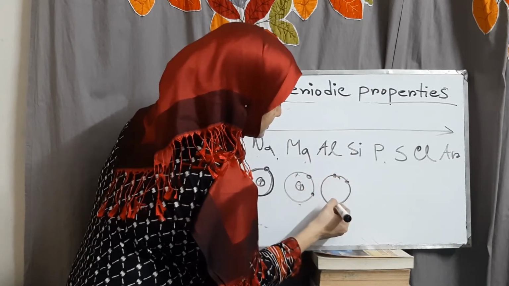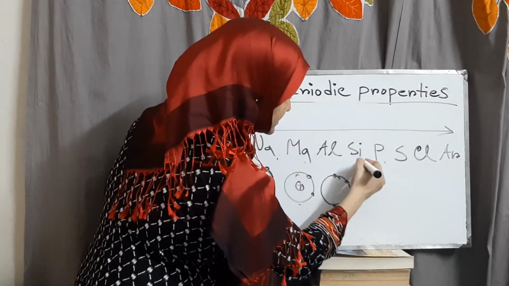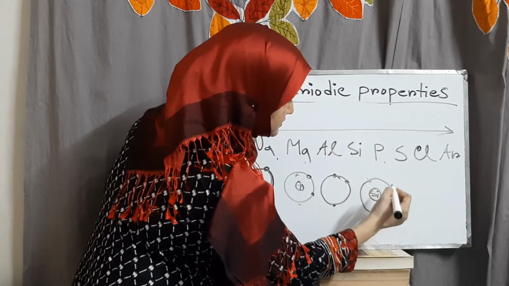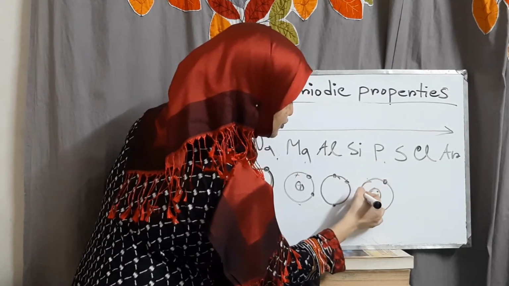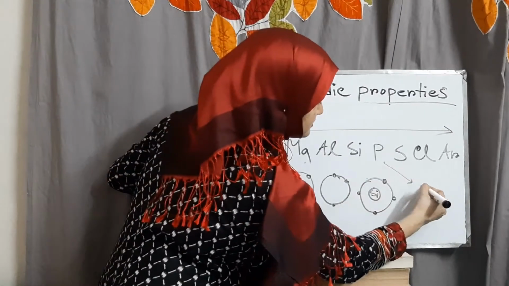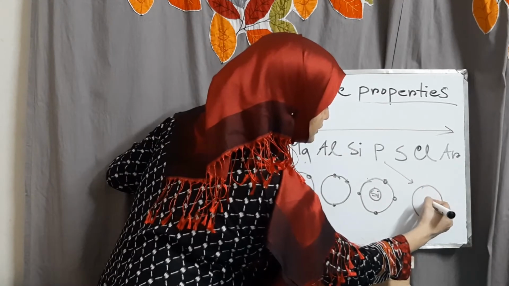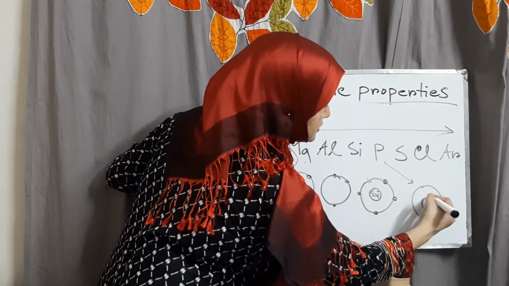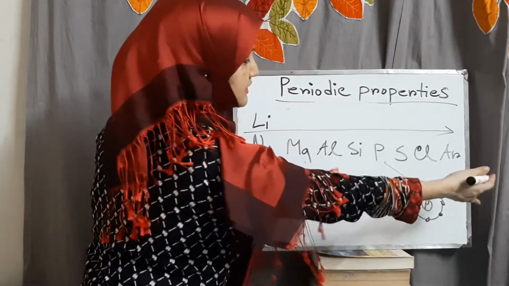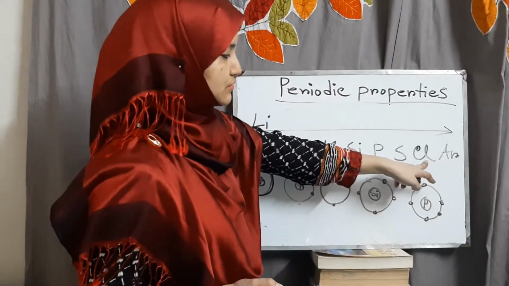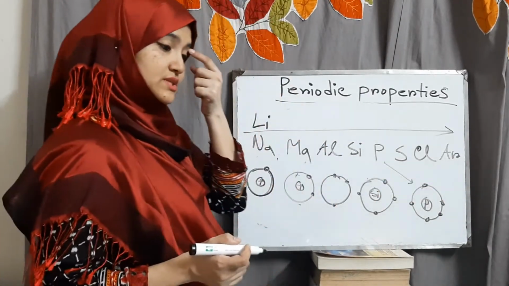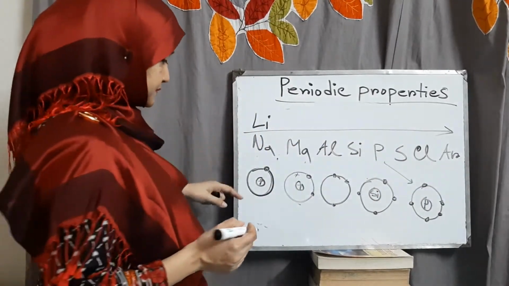This is 3. For silicon, the outermost shell contains 4 electrons. For phosphorus, the outermost shell contains 5 electrons, and so on. Sulfur has 6 electrons. Chlorine has 7 electrons in its outermost shell. Argon has 8 electrons.